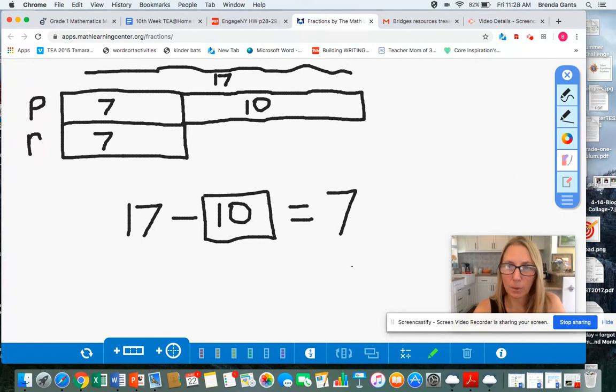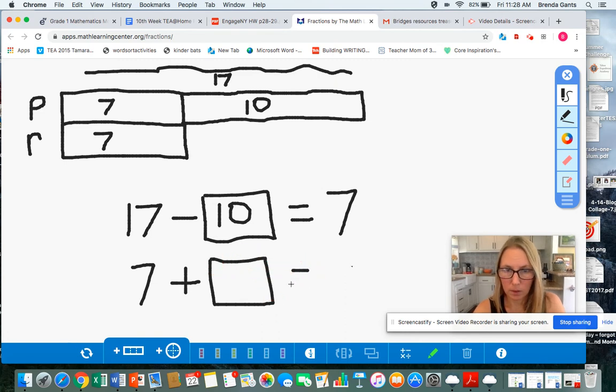The other way I could write this number sentence could be like this. I could take 7 students who were reading plus some more equaled the number of students who were playing.